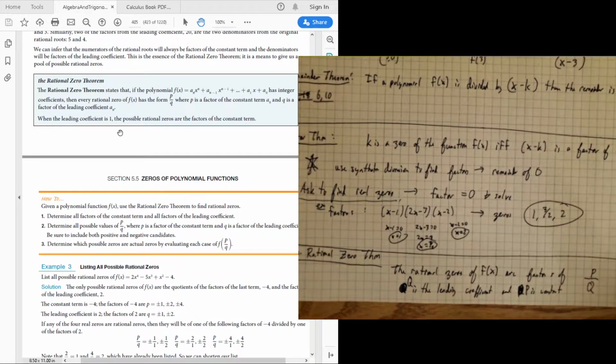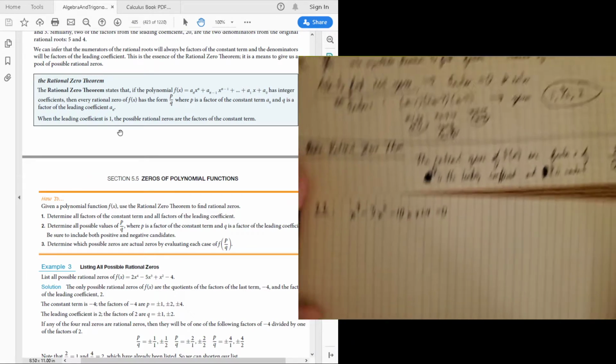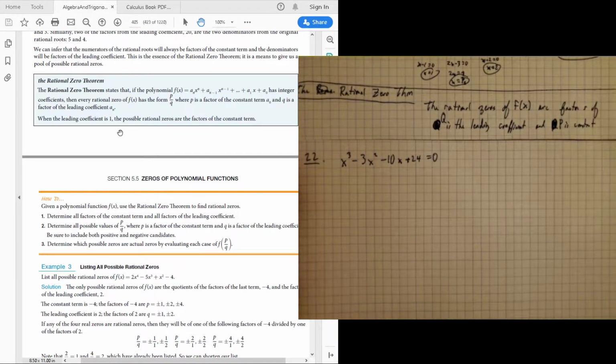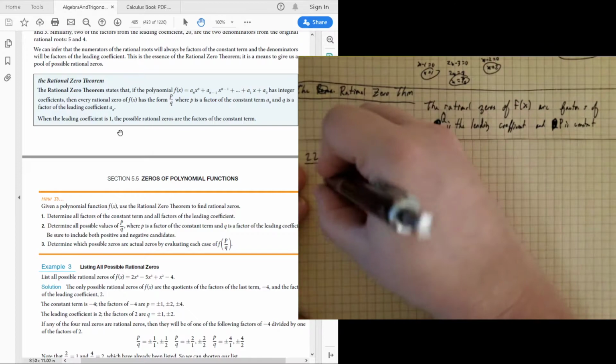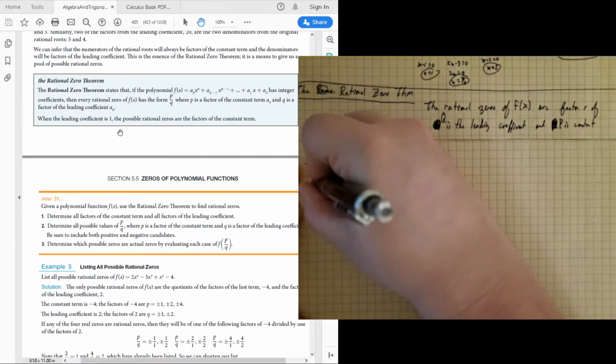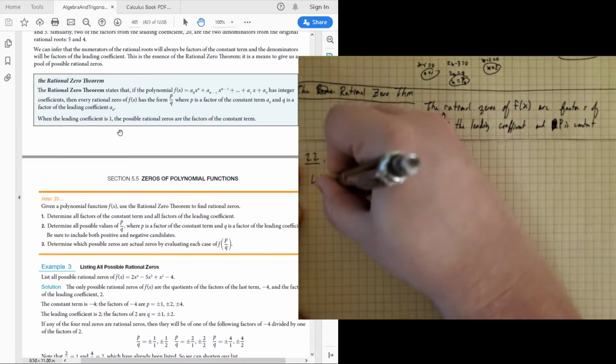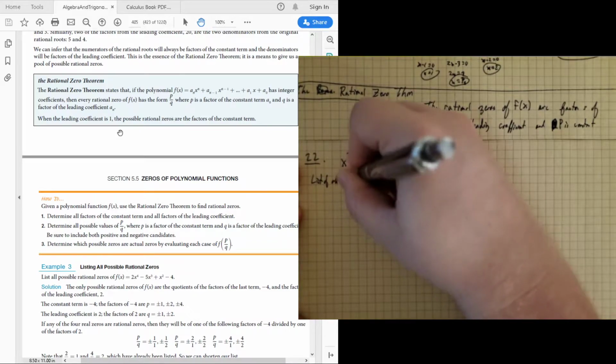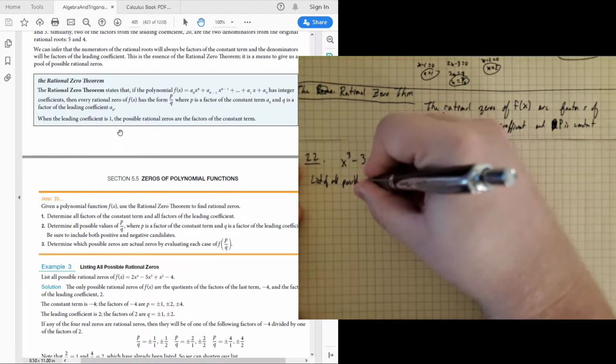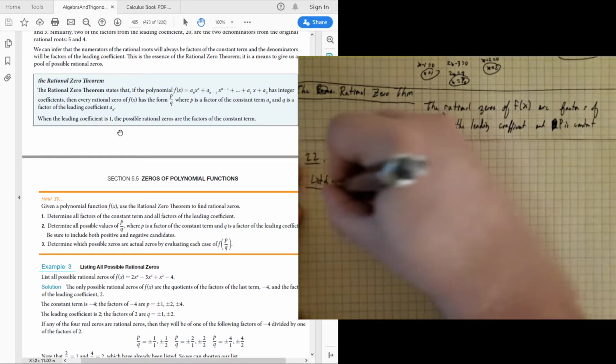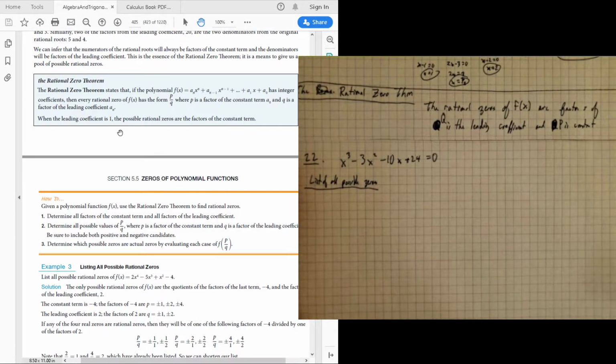So let's talk about how we approach number 22 with this theorem in mind. What does this mean? That means that we can actually find a list of all possible zeros. And in fact, for some of your problems, this is all you have to do, because this is going to be so complex by itself. But here's the thing.